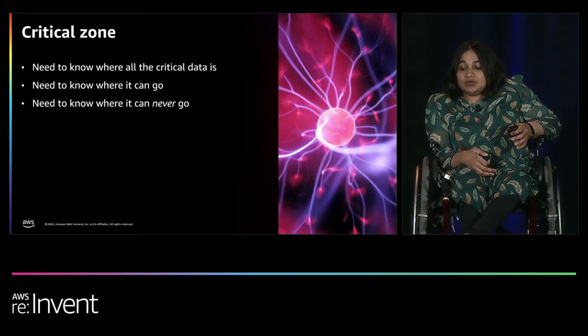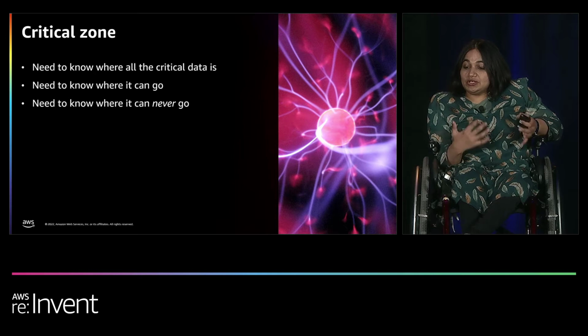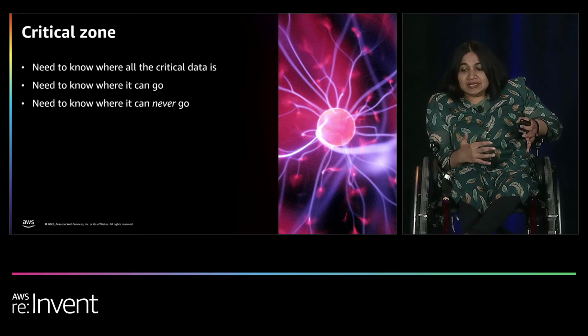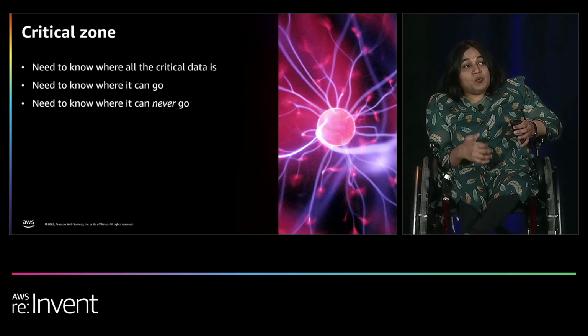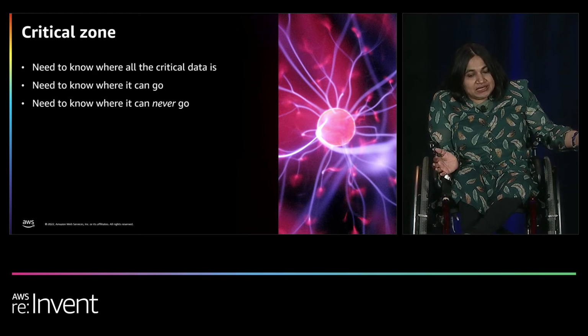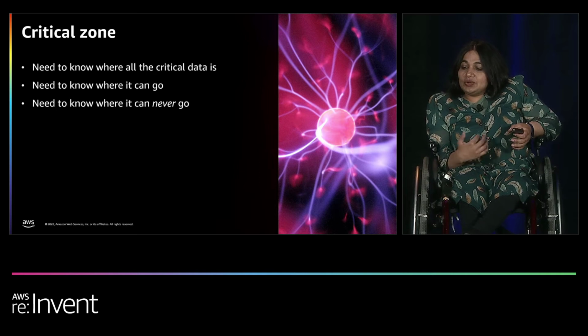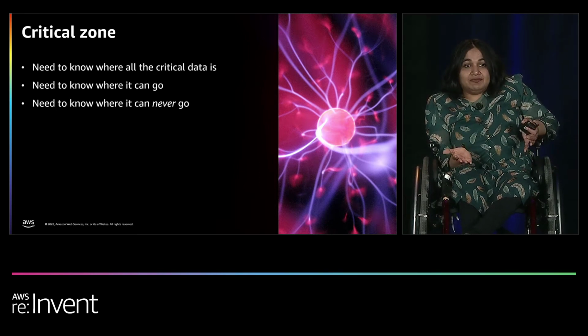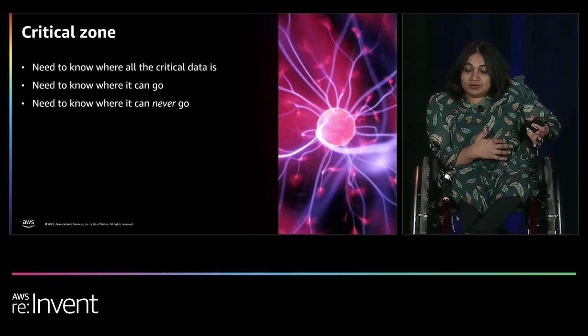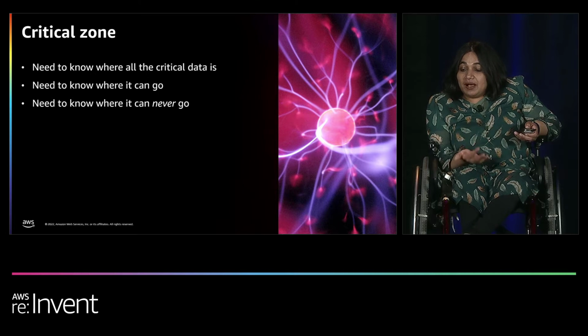We don't just want to know where the radioactive material is, but we also want to know where the coolant, the control rods, and anything else contaminated by the nuclear fuel is. We want to know the boundary of the containment system. We also want to know where it's safe for the engineers to be, and where it's safe for them to not be. And if Lumos is like a nuclear power plant, then think of the critical zone as the reactor.